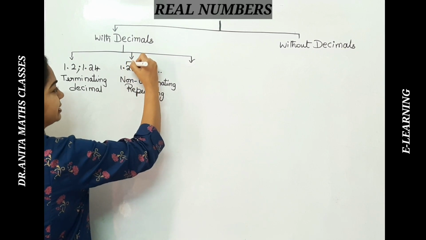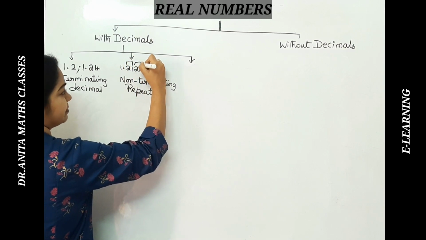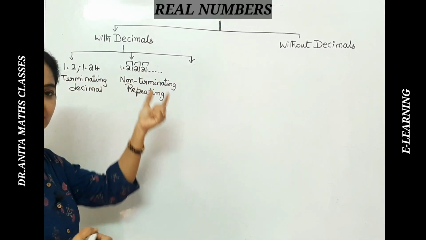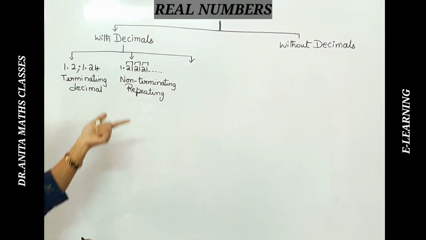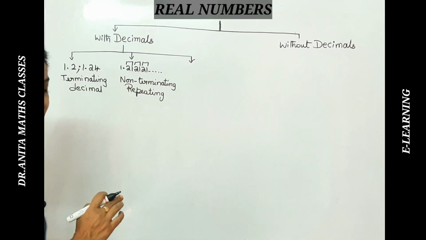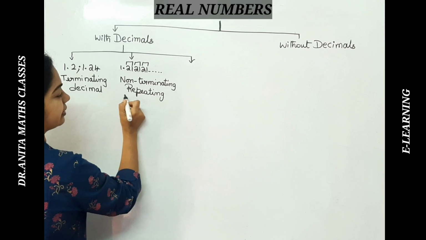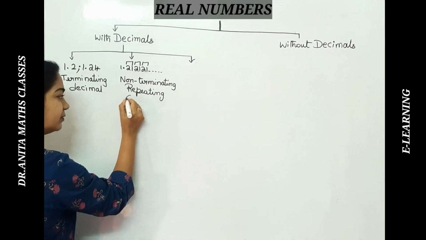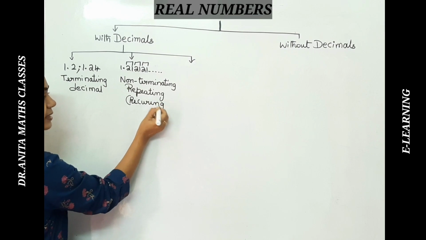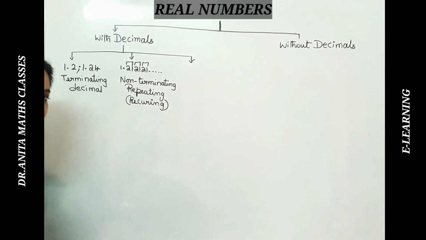Here 2 1 is repeated, likewise 2 1 is repeated, right? Some block of the decimal part is being repeated again, and it is not terminating, it is not stopping. We are keeping dots, meaning it's going on, right? So non-terminating repeating decimals. Another word for repeating is recurring. In a few textbooks you find recurring decimals. Recurring is nothing but repeating only.